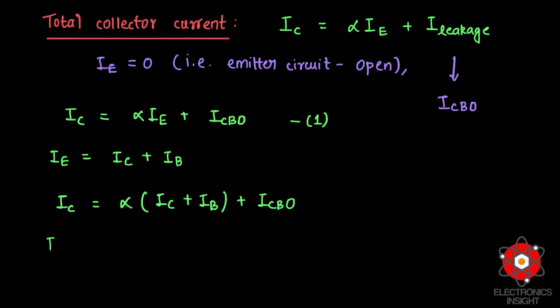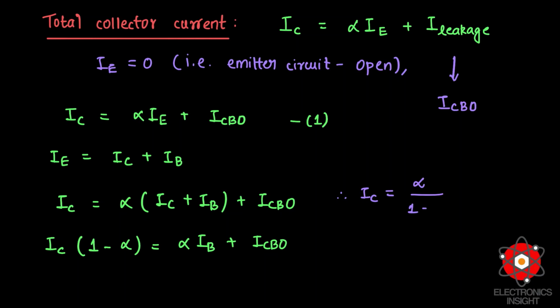Therefore, if you bring the common IC terms to one side, this becomes IC into 1 minus alpha equal to alpha times IB plus ICBO. So my final expression for IC looks like this: alpha by 1 minus alpha times IB, plus ICBO divided by 1 minus alpha.